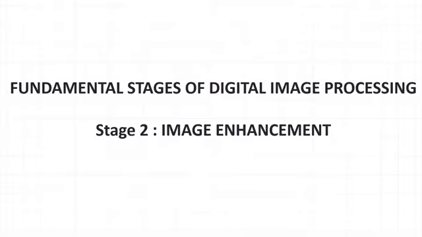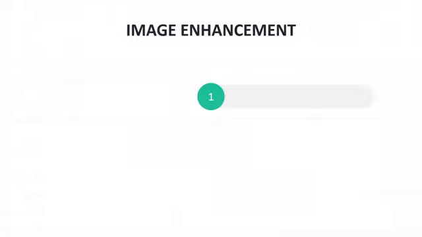Now, as a second step, we move towards the image enhancement stage, stage 2, after image acquisition. In this mode, first of all, let us know why we go for image enhancement procedures. The very first thing, we have to enhance, meaning improve the hidden information in the picture, in the image, or in the scenery, whatever we have captured.